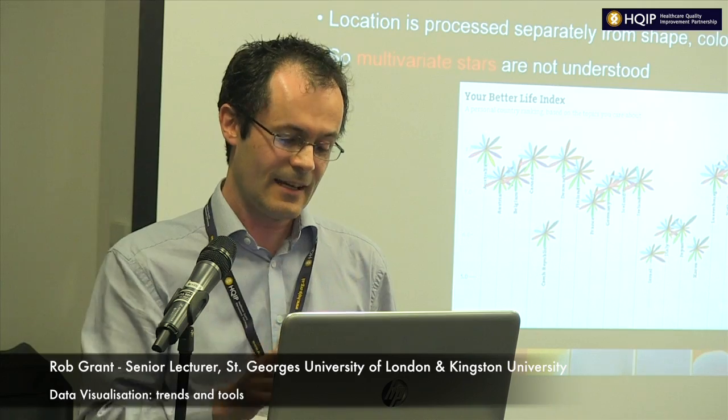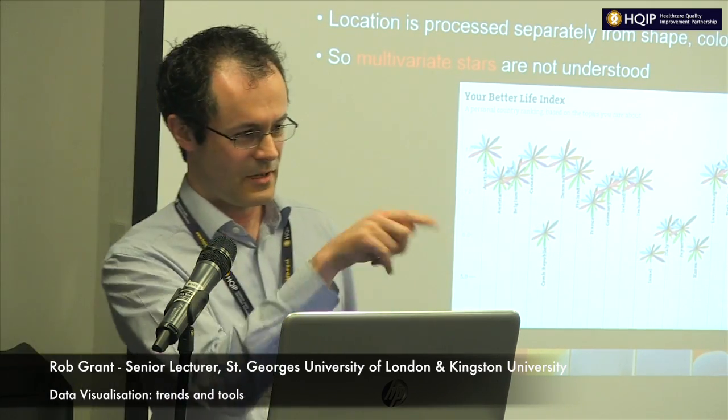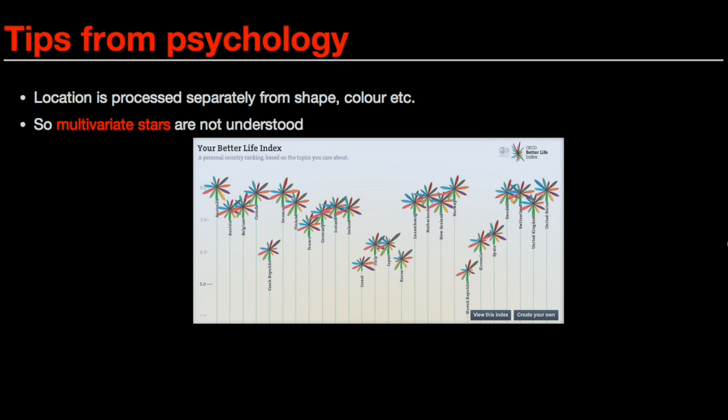And the message from that for me is that multivariate stars, where you're defining the shape of something based on a whole bunch of different values, are not terribly well understood, because the location of it is perhaps variables x and y, and then the length of these little petals coming out is another 10 dimensions, another 10 variables.